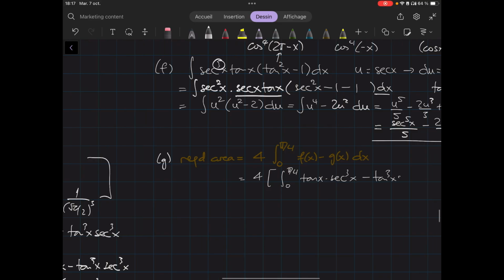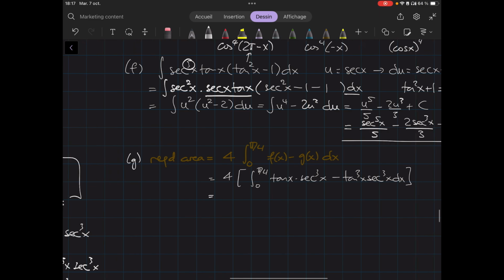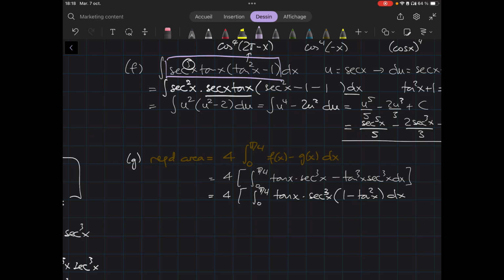G of x, that is tan cube, secant cube. And if you are connecting the dots right now, you can see that this is what we just proved earlier.